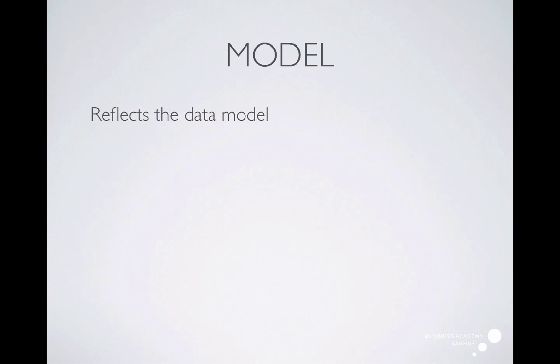The model will reflect the data model. That means if we, for example, in PHP have some classes which reflect the tables in the database, then in the model we will have some classes where it's possible to, for example, create, read, update, and delete in our tables.